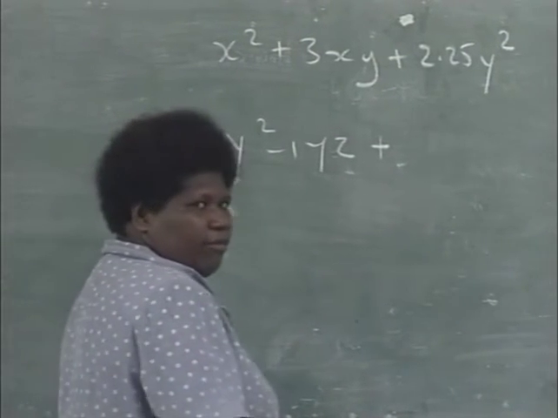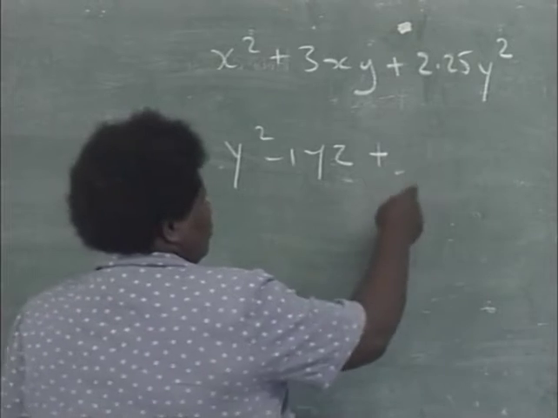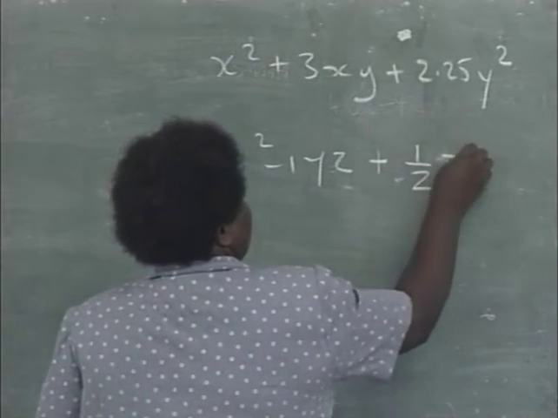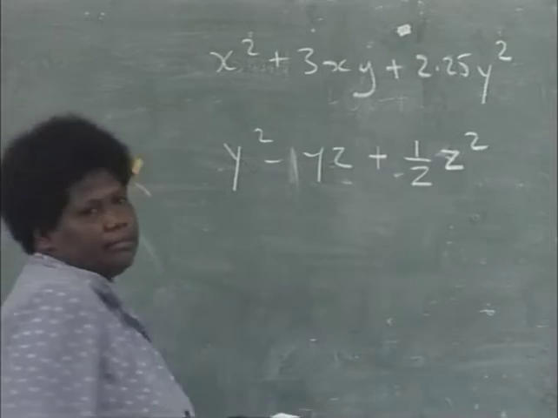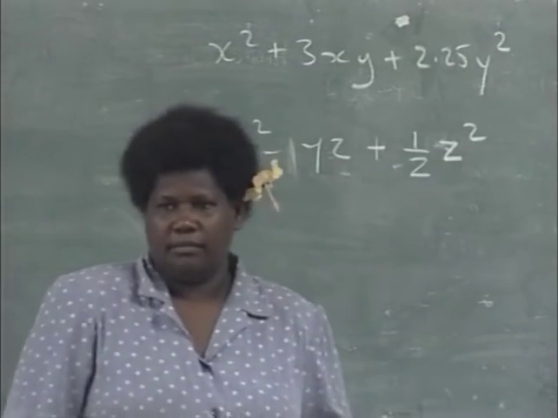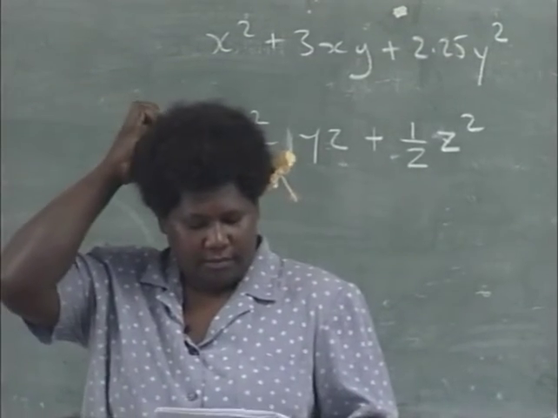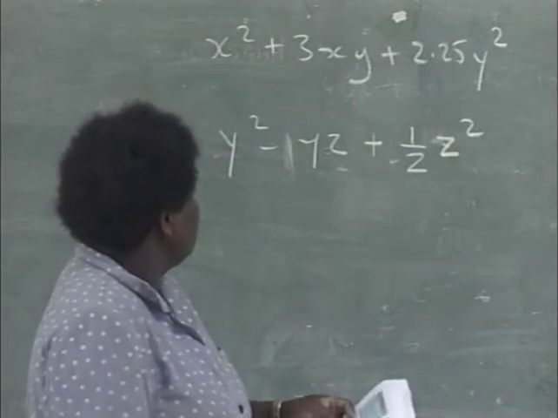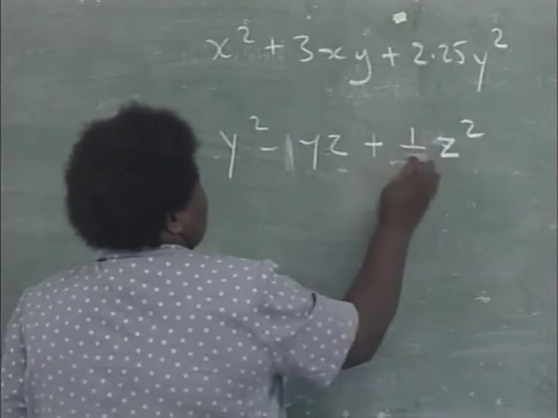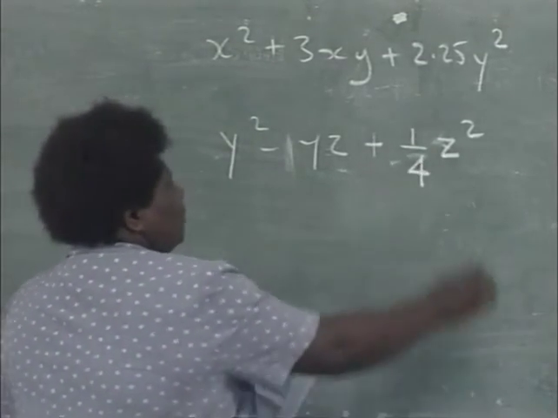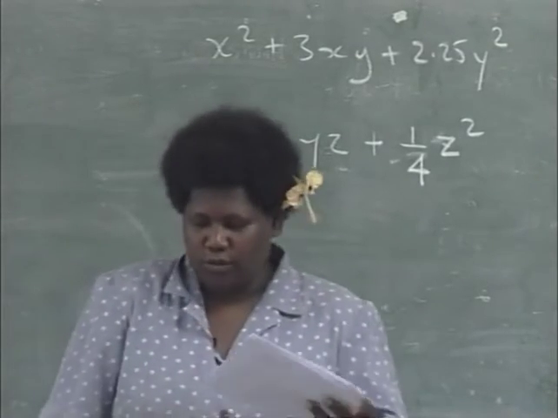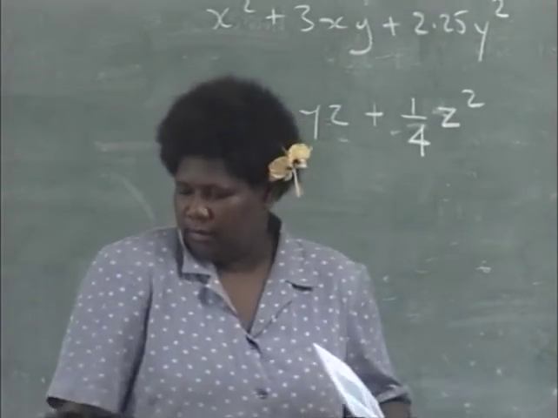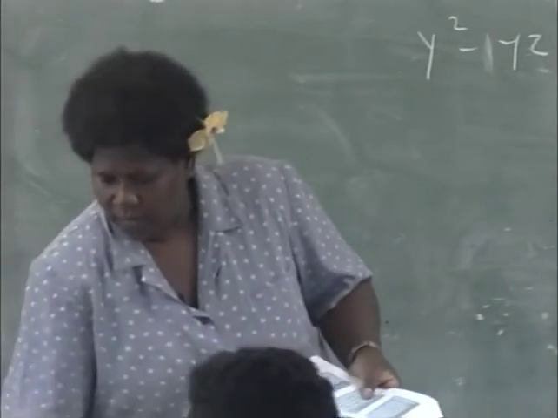A half of 1 is a half. So plus a half z squared. Sorry, a half squared is, yeah, thank you, should be 1/4. I forgot to square a half. All right, next.